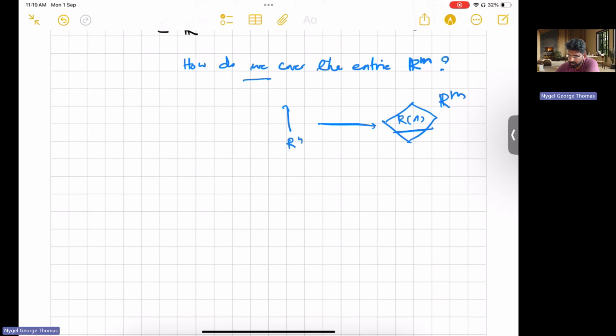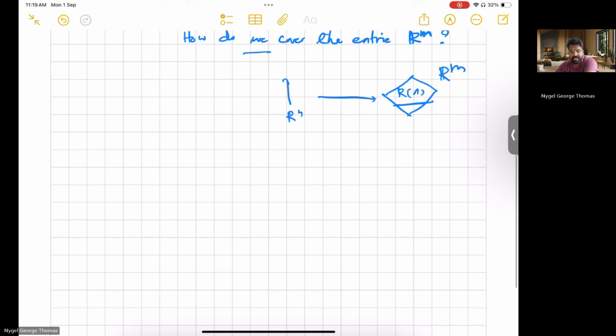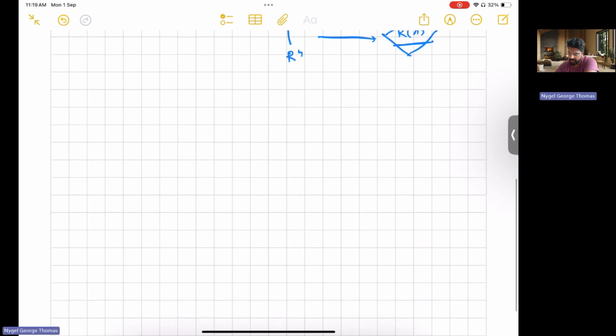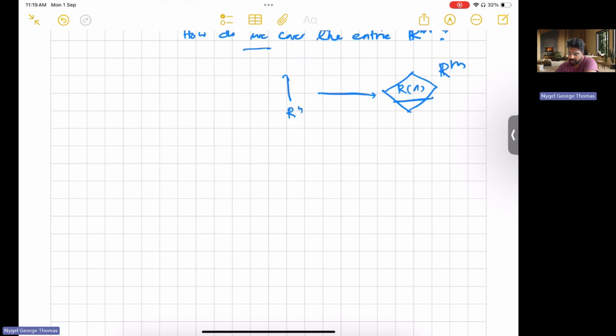Okay, what about the remaining part of R^m? Can it be covered? Or how can we say whether the range space covers the entire space? For that, whether it covers the entire R^m or not, we have to look at the idea of something known as the null space. Let's discuss the null space.